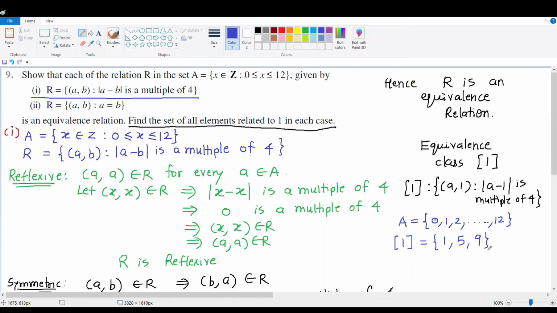So 9 plus 4 is 13, and we don't have 13 in that set. The highest number is 12, and 12 minus 1 is not a multiple of 4, so it won't be in our class. So 1 comma 5 comma 9 is our answer for this part. These are the elements of the equivalence class of 1, or which are related to 1.